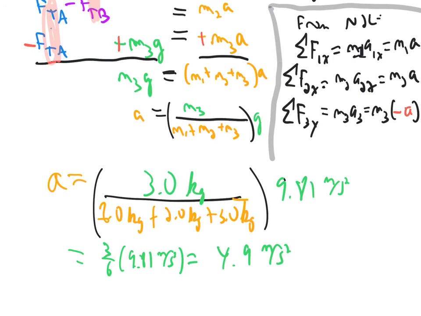Notice we weren't asked for the tensions. They'd be easy to get at this point, but they turn out to be irrelevant to our final answer. We can arrange for them to not be here.